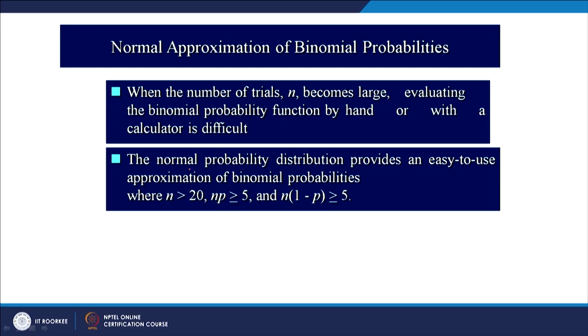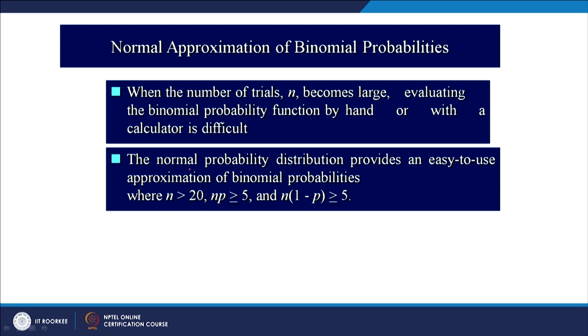Similar to that, we can also approximate the binomial distribution with the normal distribution. So, rather than using the binomial distribution, you can use the normal distribution when the number of trials n becomes large.